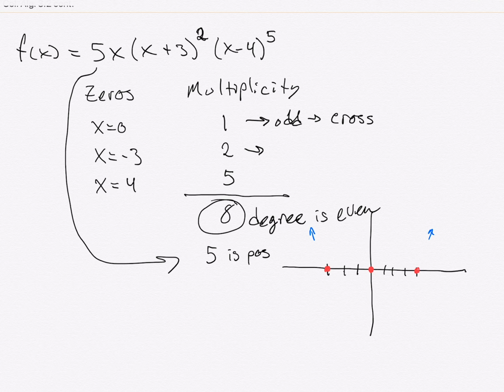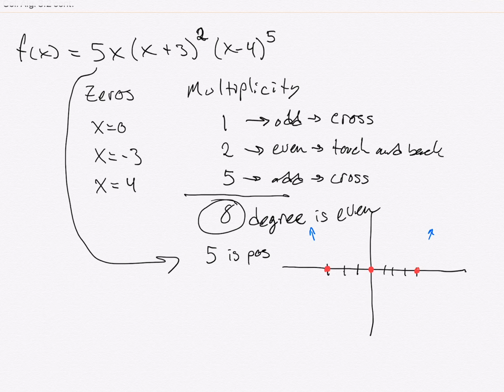This one, this multiplicity is even, which means that the graph is going to come down to that 0, touch and turn back. And this one is odd again, so our graph's going to cross there. And of course, I'm going to show you what I mean by all of this. So let's get to it.